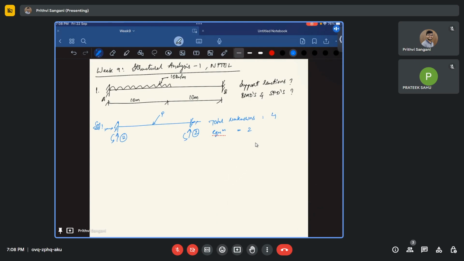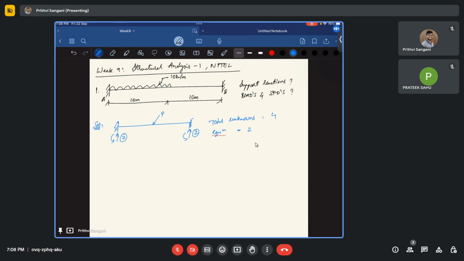But as we are discussing vertical loads, which are gravity loads acting transverse to the members, we ignore these horizontal forces.